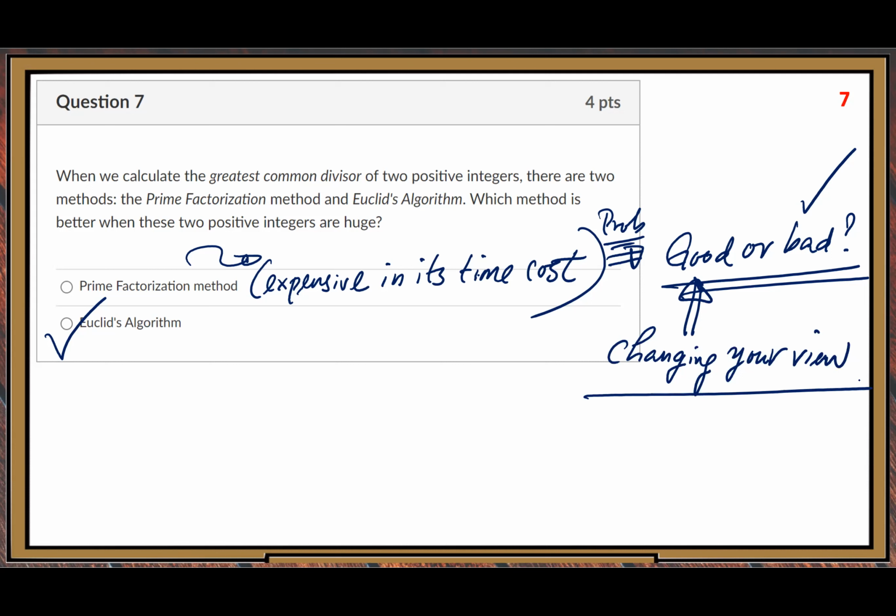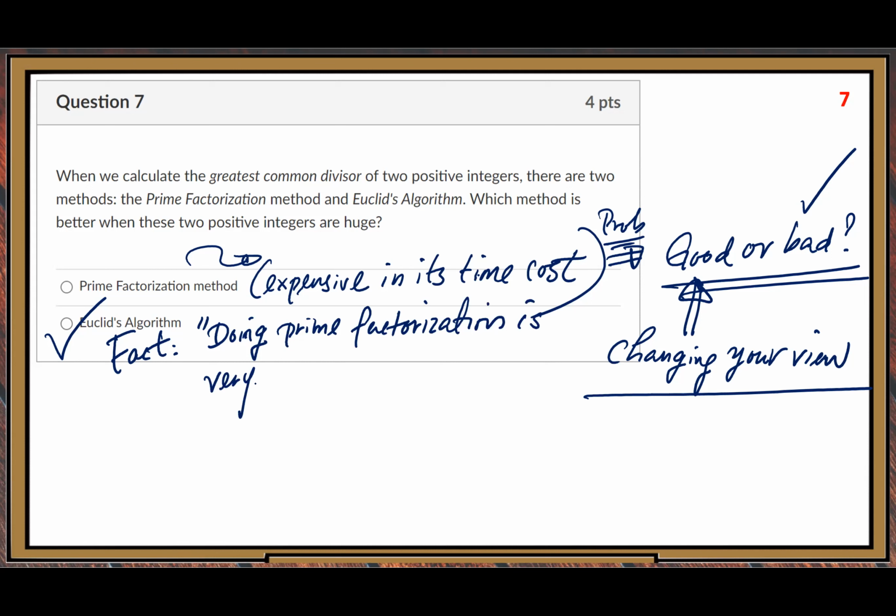To be more specific, let me describe. We know this fact: doing prime factorization is very slow for huge integers, larger than large, huge integers.